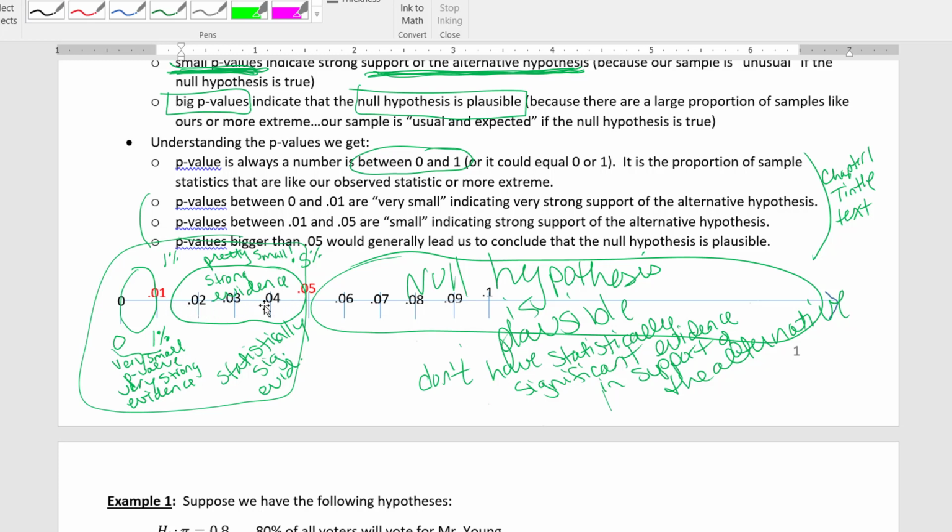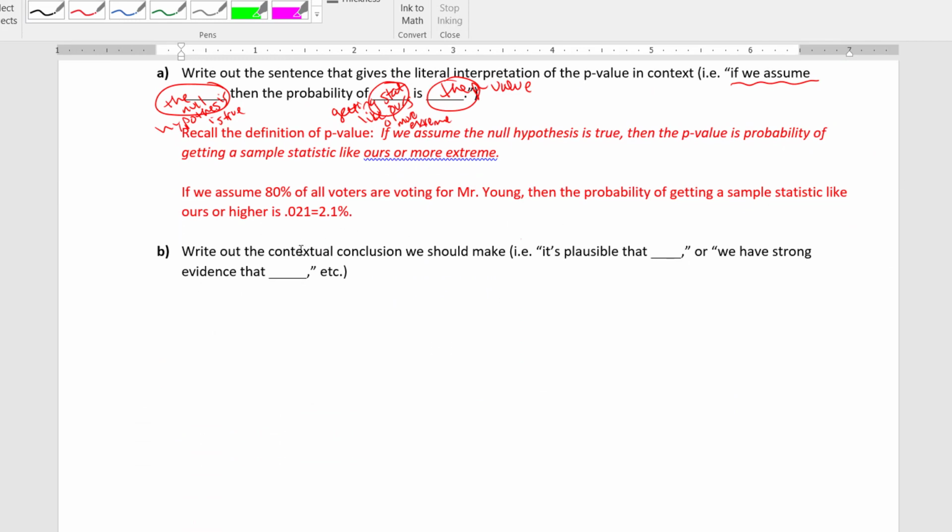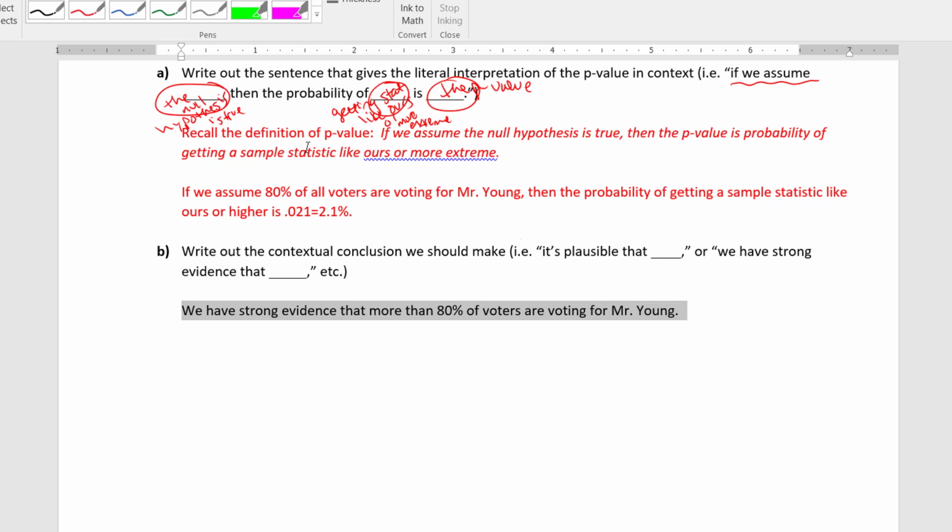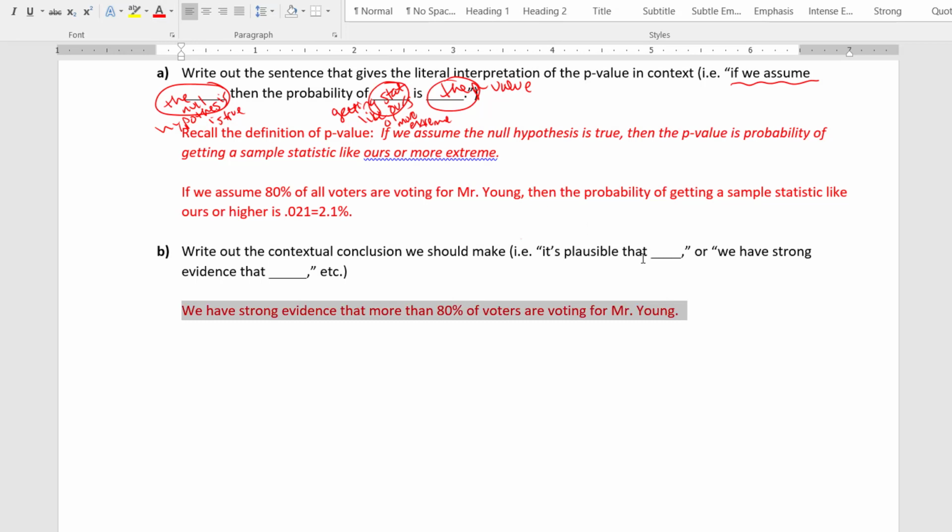Our p-value is 0.021, right here in this interval of strong evidence in support of the alternative hypothesis. So we can say, in context, that we have strong evidence that more than 80% of voters are voting for Mr. Young. Notice I said that in context, though: strong evidence that more than 80% of voters are voting for Mr. Young.